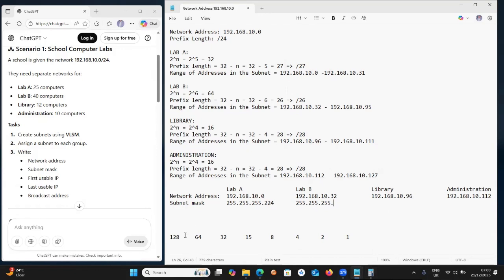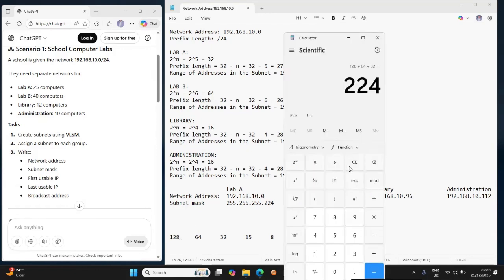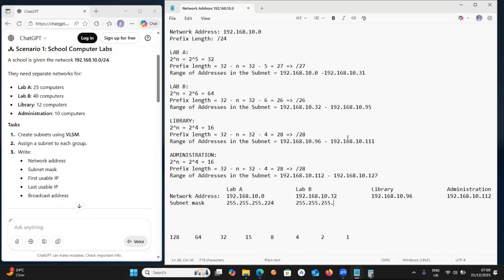The 2 that we have left means the addition of this 128 plus 64, which is equal to 192. So .192 is the subnet mask for lab B.